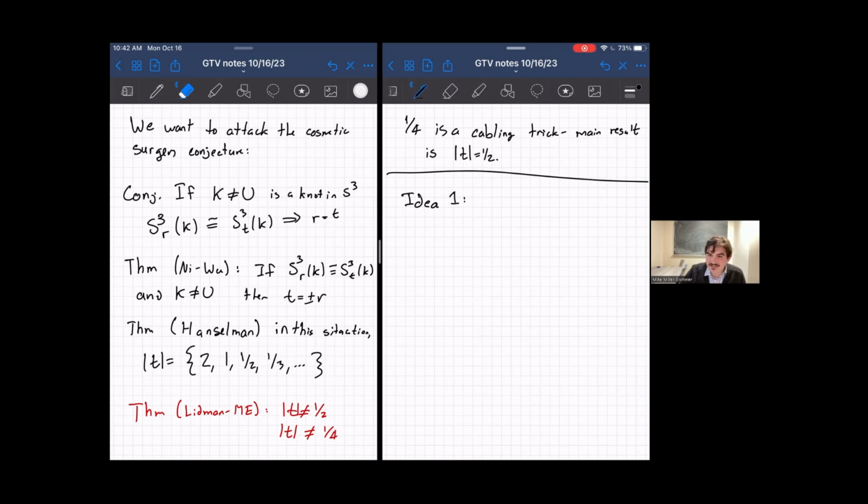That's special to this case. I think this is not true otherwise. If I add a 2-framed meridian around K, then 0 and 1 surgery on K, and then 2 surgery on that meridian gives me -1/2 and 1/2 surgeries on K.